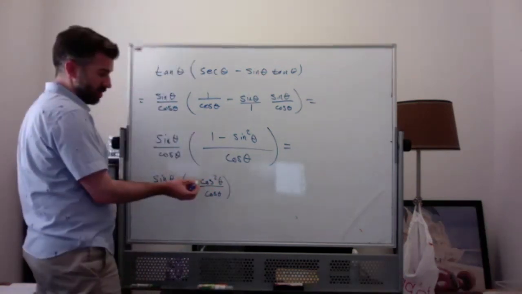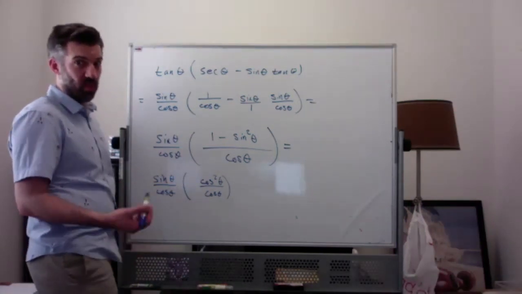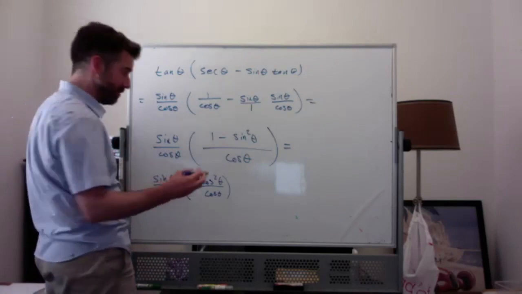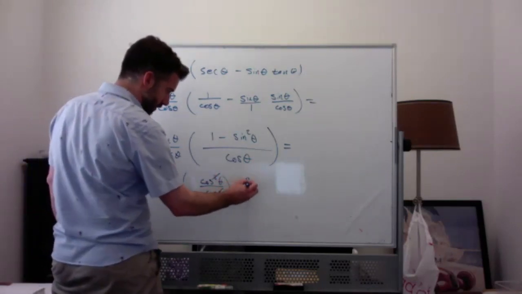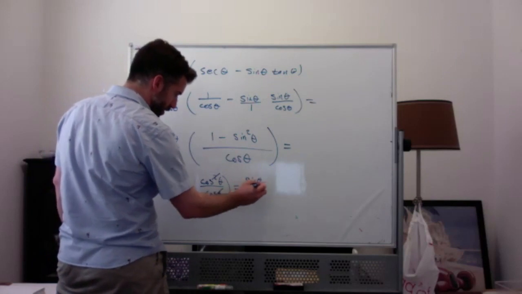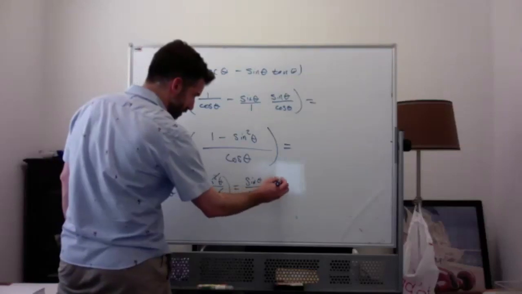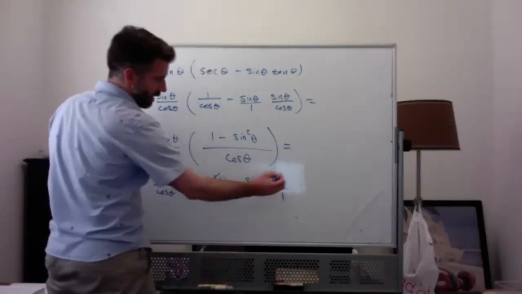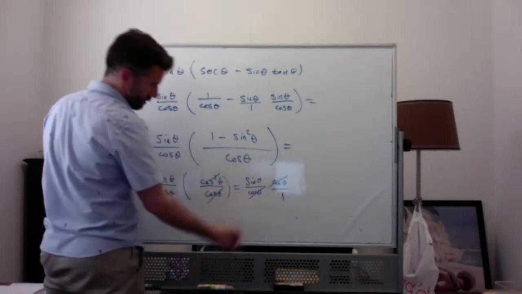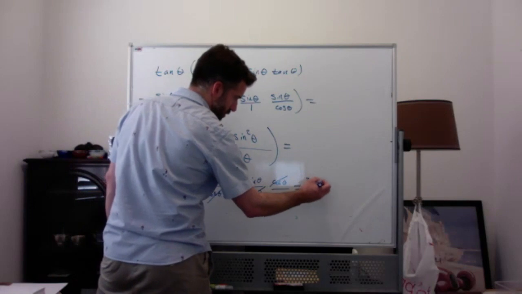And then cosine squared theta divided by cosine theta is just cosine times cosine over cosine. One of the cosines cancels on the top and the bottom. So I'm left with sine theta over cosine theta times just cosine theta, or if you prefer, cosine theta over 1. And then this cosine and this cosine theta cancel out, and I just get sine theta.